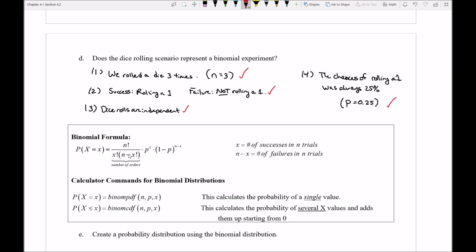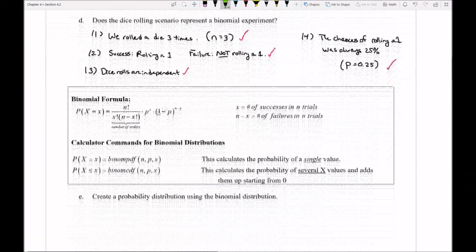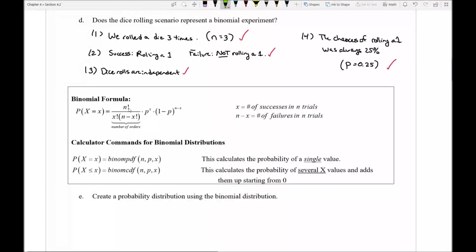And then we saw that in a couple of the examples up above, we had different orders or different numbers of possible arrangements. And so there were jumbles, ways that I could think of reorganizing these different letters. And that is accounted for by this crazy thing up front with all the exclamation marks.